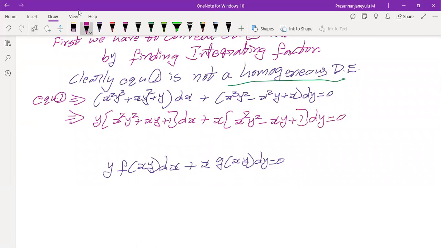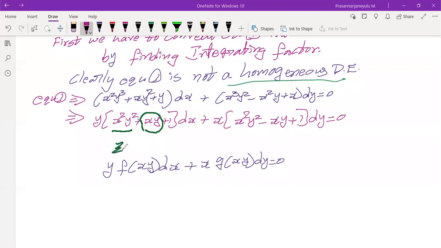Now, what we can say here, you have to understand one important point. All of you listen here. That important point is, check here. What is the x power in the first term? 2. What is the y power? 2. So instead of xy, can we write z squared finally? In place of xy, I am taking z.